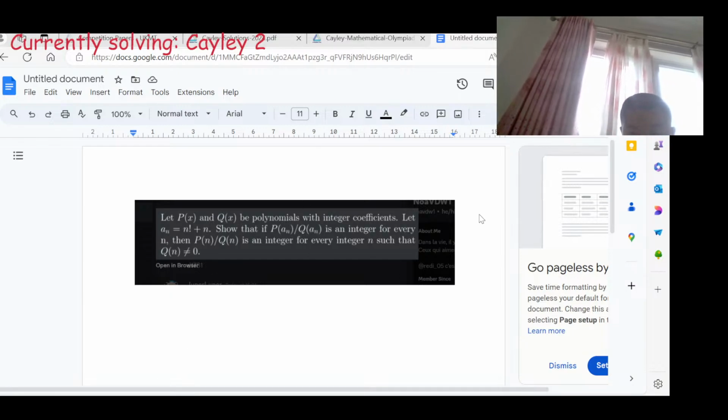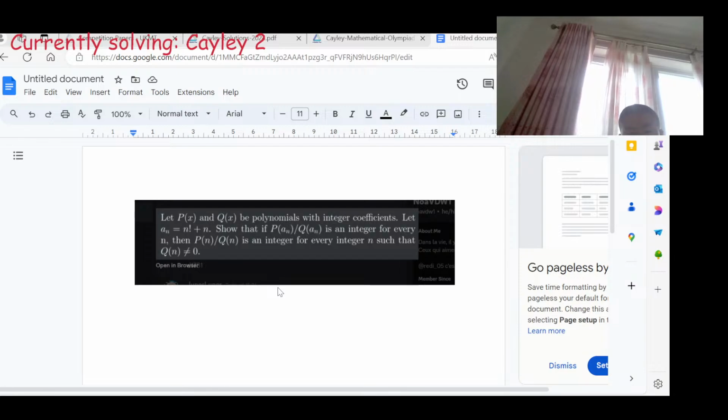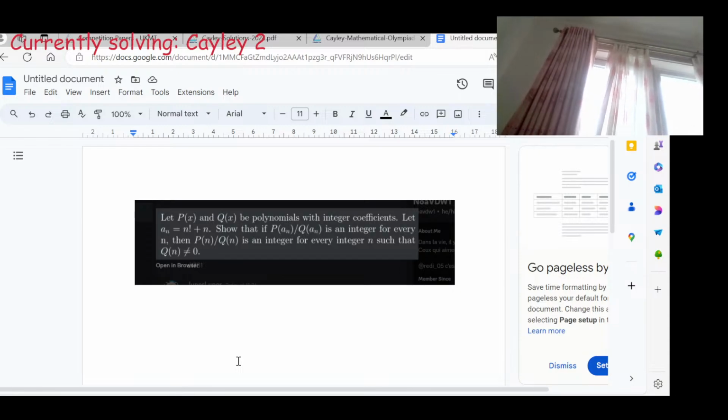Should I look at the hints? Oh no, bro. I looked at the first hint and I already don't want to do this problem.